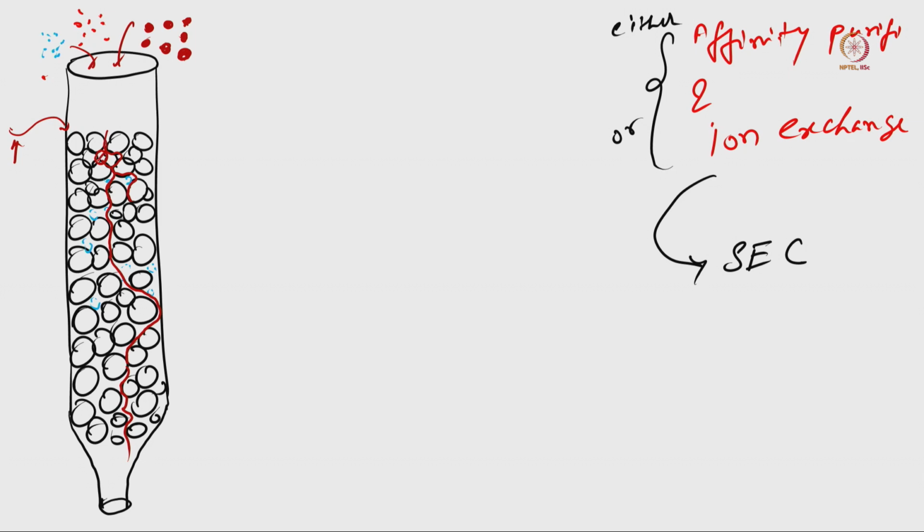So, the large brown protein will go through that void space, not go inside, and will elute first. That is the reason it is called size exclusion chromatography when you use gel filtration or SEC. Larger molecules cannot enter the beads, they use that void space and come out.